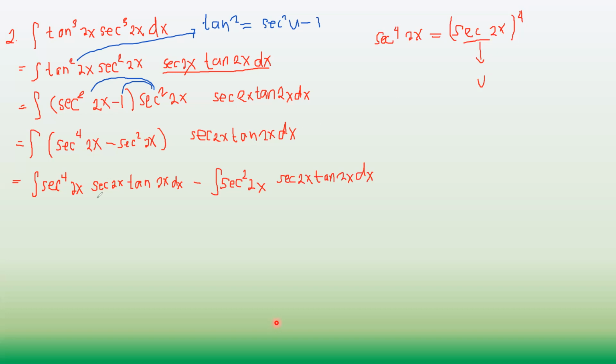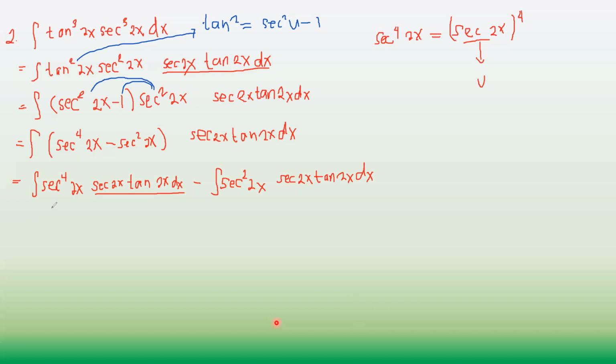Kasi meron tayong ibinukod na secant 2x tangent 2x. Ito nga ang ating pinaka-du. Ito yung magiging du mo. Ang function na may derivative na ganito ay secant. Ito yun, secant raised to 4 ka. Yan nga ay equal sa quantity secant 2x raised to 4. Kaya ang u mo lang yung secant 2x. Tuloy natin.